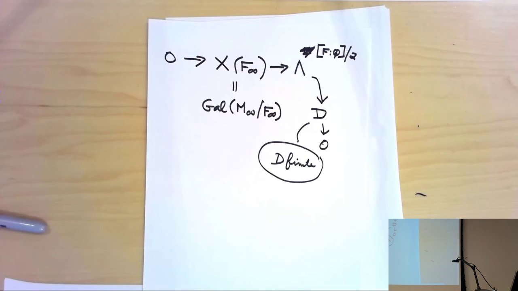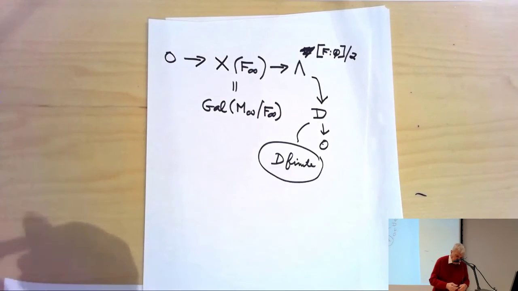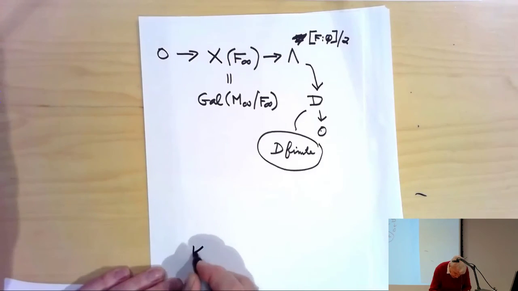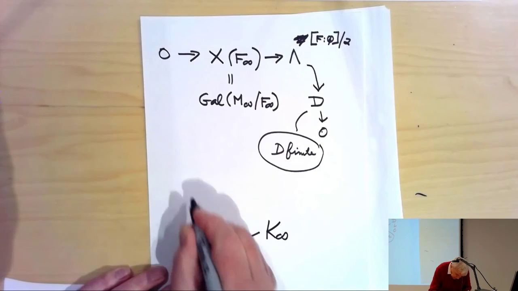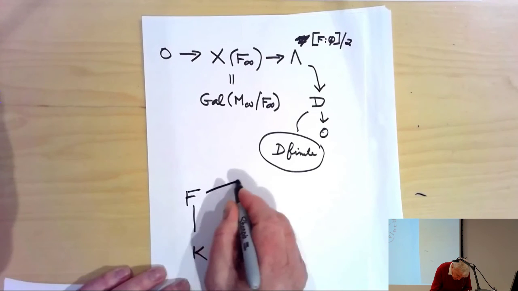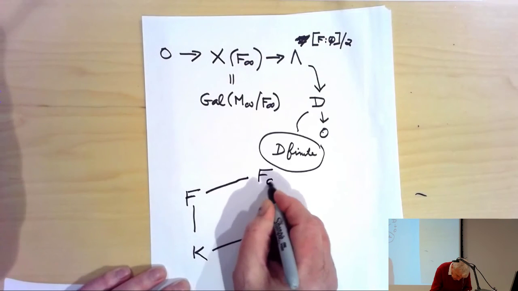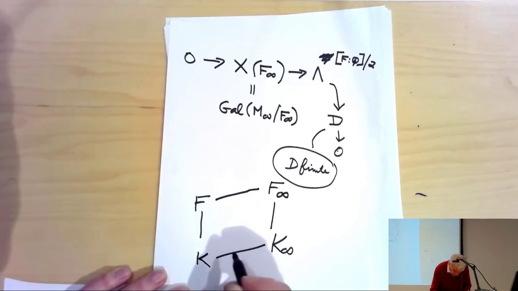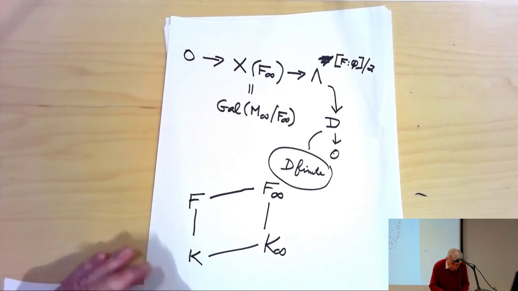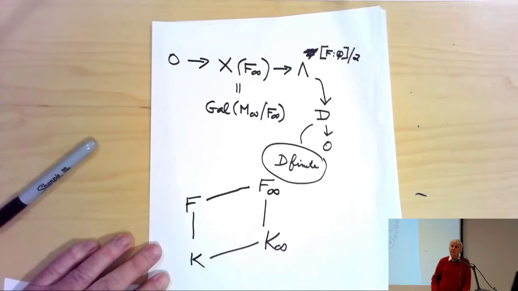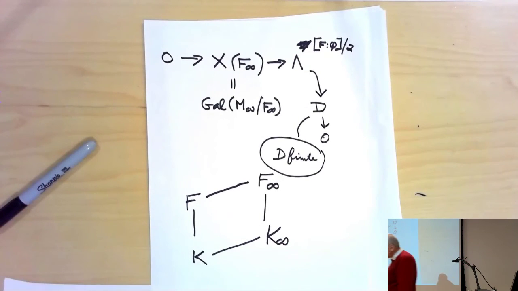So this is an extension now over, right, you have a K and a K infinity, a ZP extension, and you go to an F and an F infinity here. So just by translating this up, this is a ZP extension which has a lot in common with the cyclotomic ZP extension.